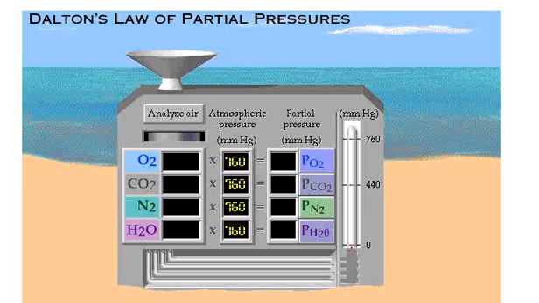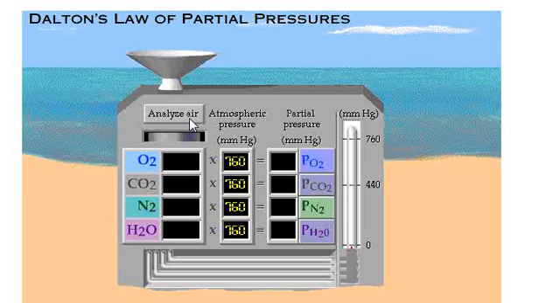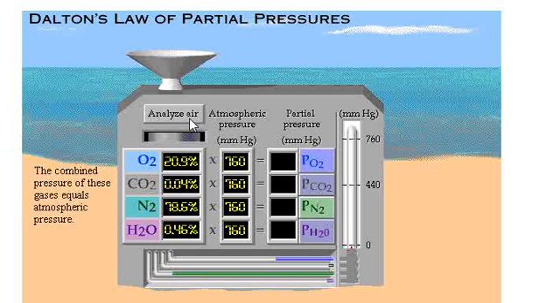air we breathe. The atmosphere is a mixture of gases, including oxygen, carbon dioxide, nitrogen, and water. Click the button to analyze the percentage of each gas in an air sample. Alright, let's analyze the air. The combined pressure of these gases equals atmospheric pressure.